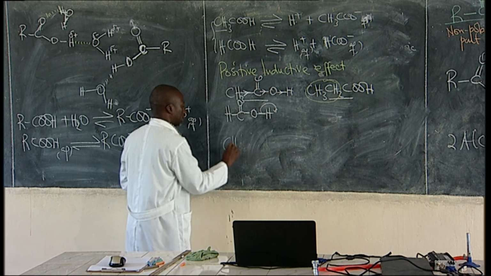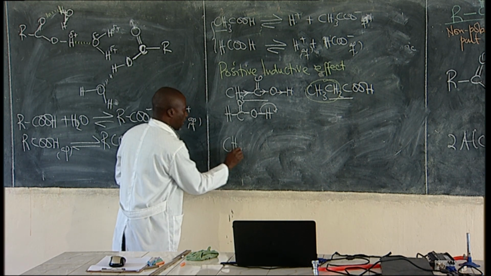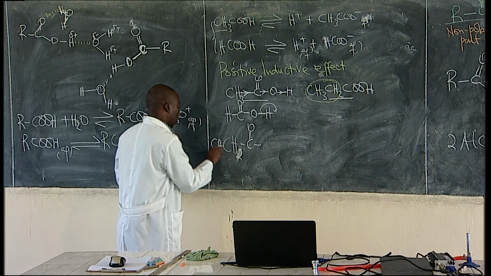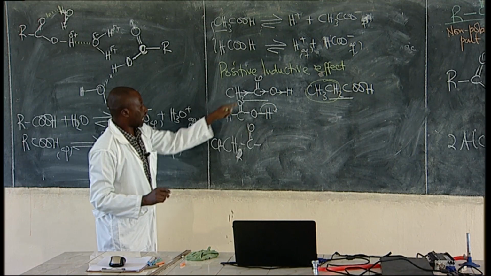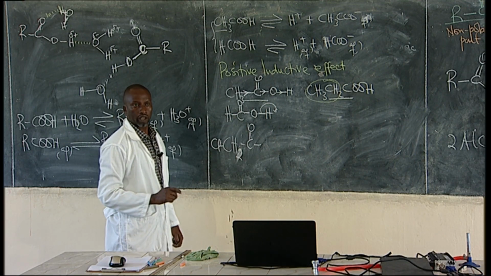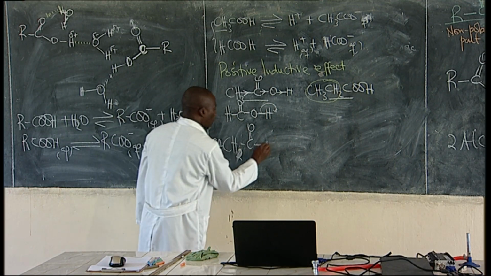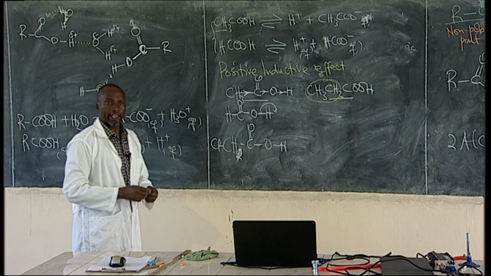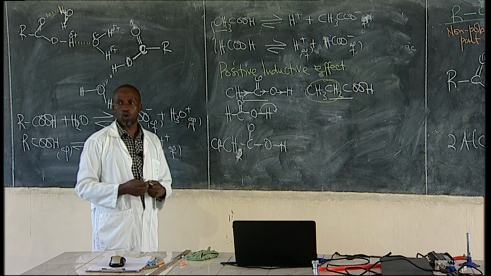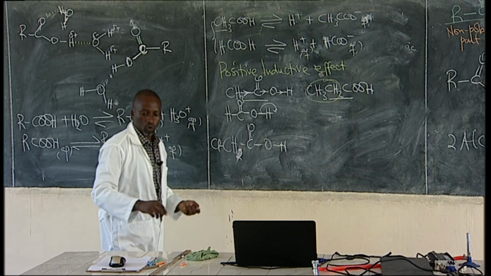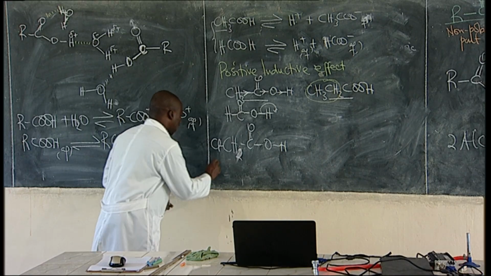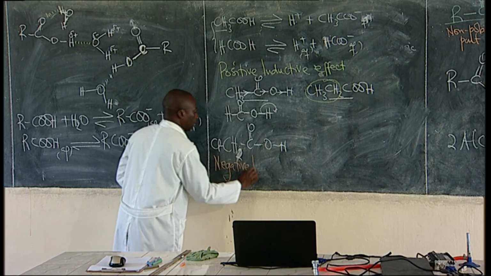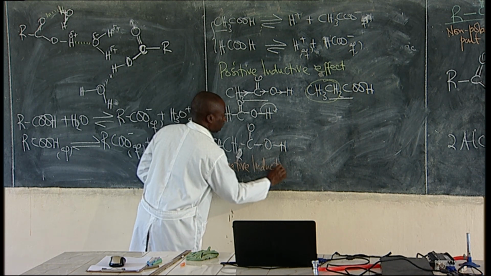Assuming, for example, that one of the hydrogen atoms is substituted by chlorine, what would happen? Chlorine, or any other electron withdrawing atom, has what we call a negative inductive effect.